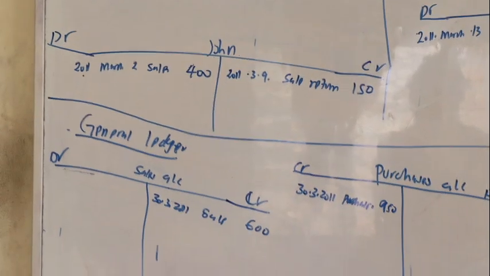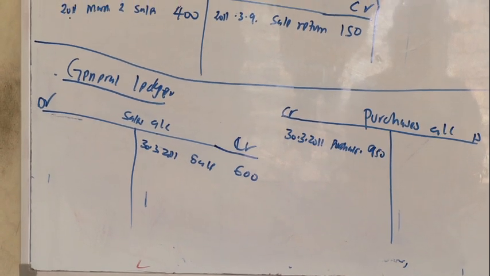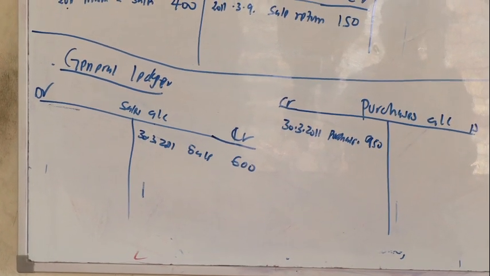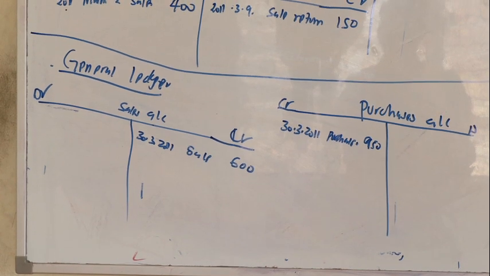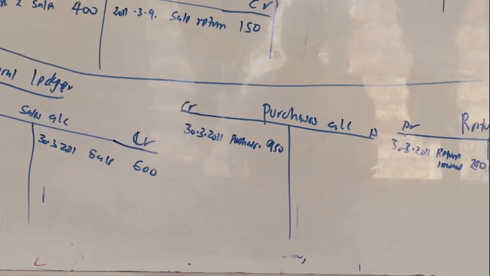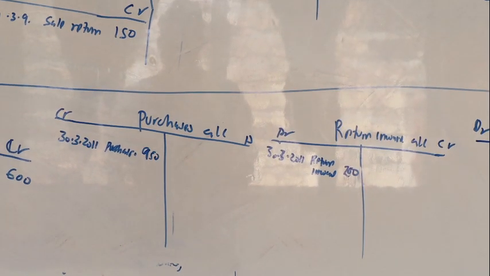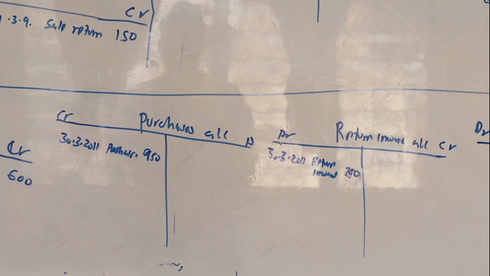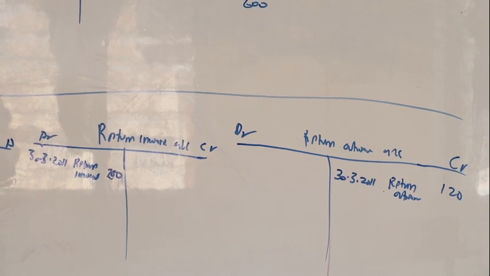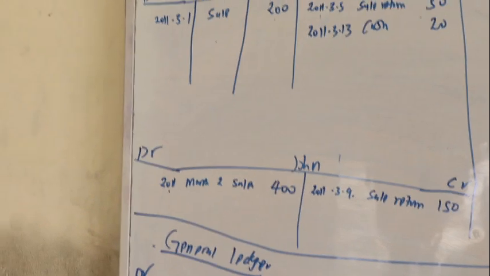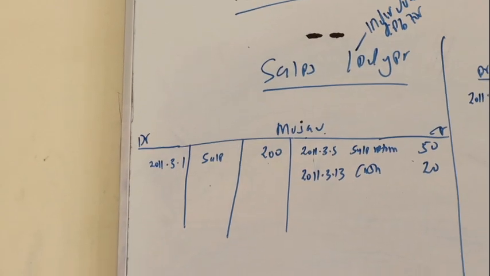Then we have what we call general ledger. Nimesema in a record other account, a part of debtors and creditors. So we have sales ledger, we have purchase ledger, we have returns inward account in the general ledger, and we have what we call returns outward account.